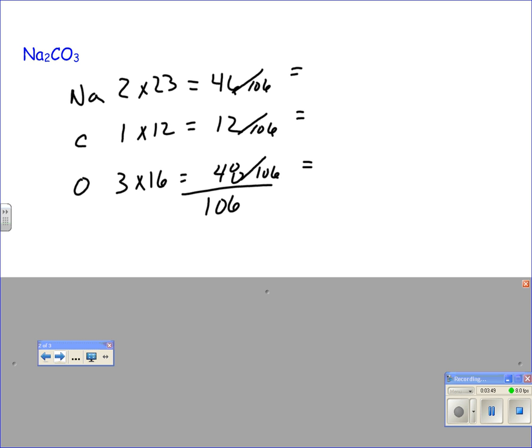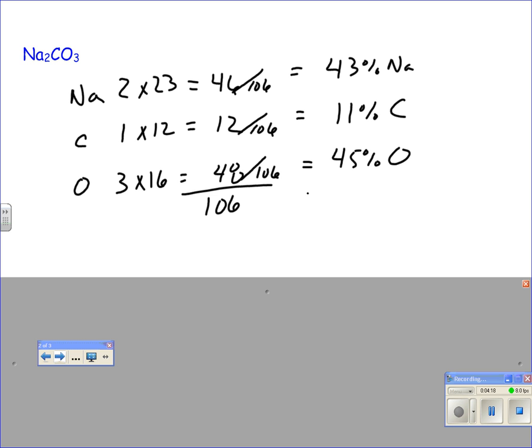So 46 divided by 106 is about 43%. So it's 43% sodium. 12 divided by 106 is about 11% carbon. And 48 divided by 106 gives you about 45% oxygen.